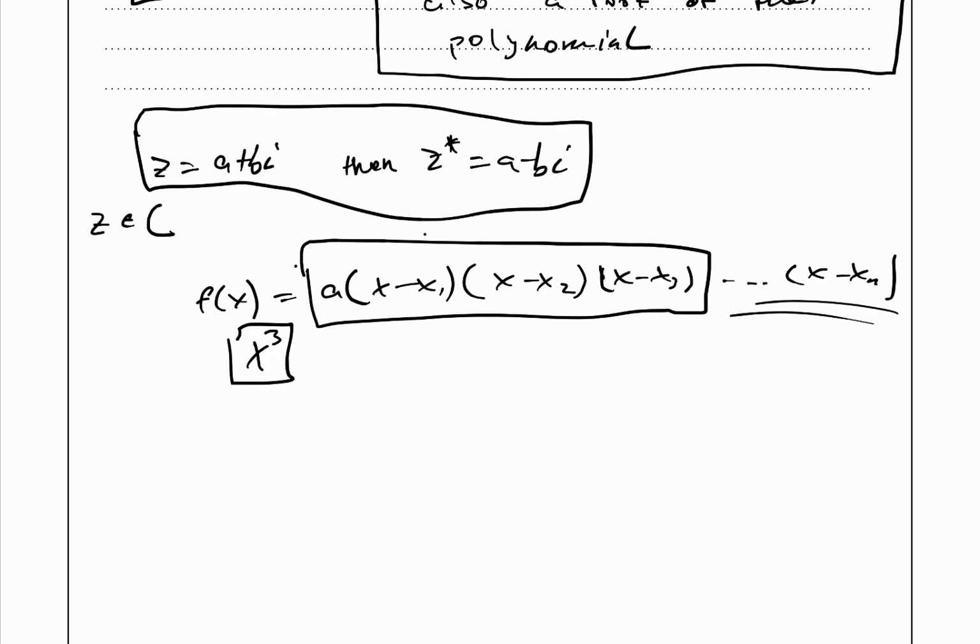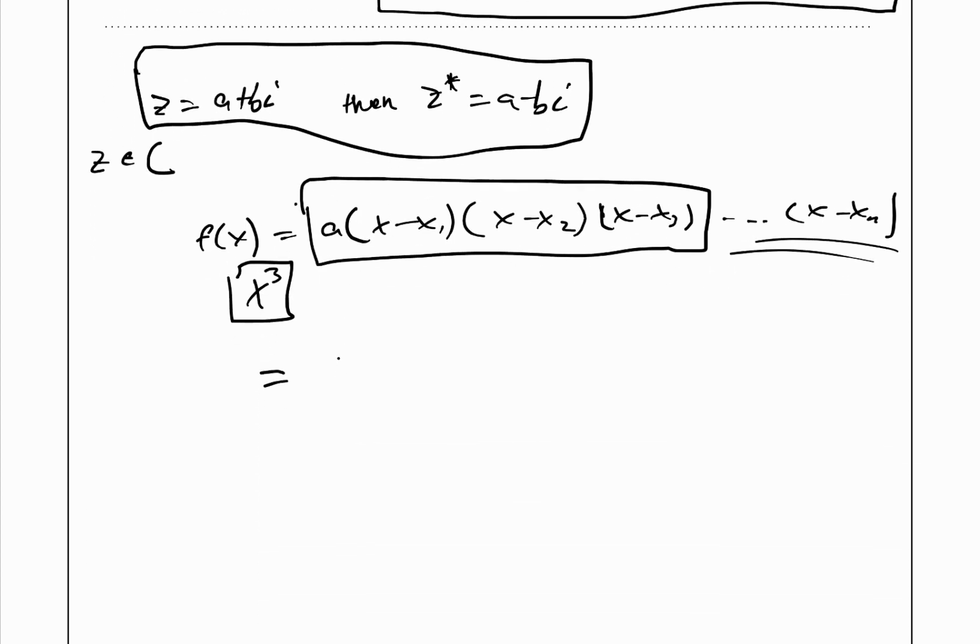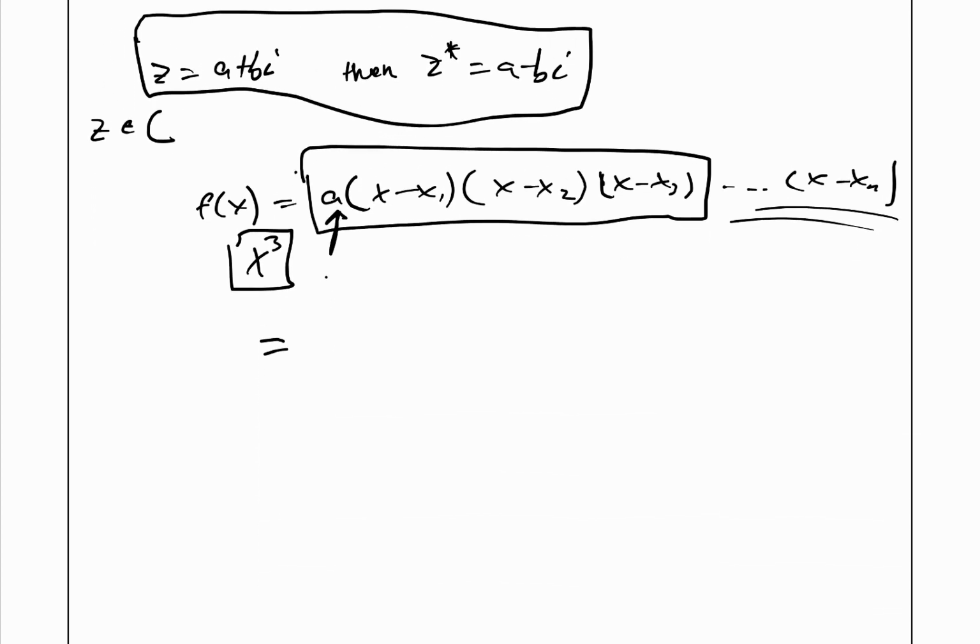If the function was a quartic function, then it would be x minus x1, x minus x2, x minus x3, and x minus x4. However, we are working with a cubic function, so it has to be only 3 factors right over here, okay? And a is the leading coefficient.